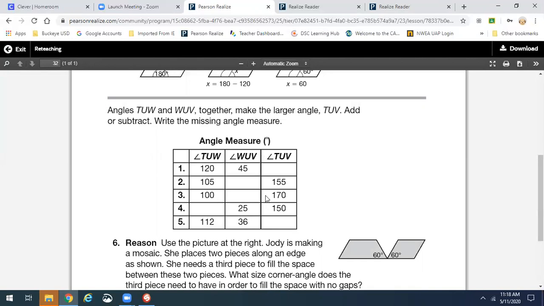So for number 3, I would do the same thing, 170, take away 100 to get this middle angle. This one, same thing, I would do subtraction. This one, I would just add these together, and that will give you the total of TUV.